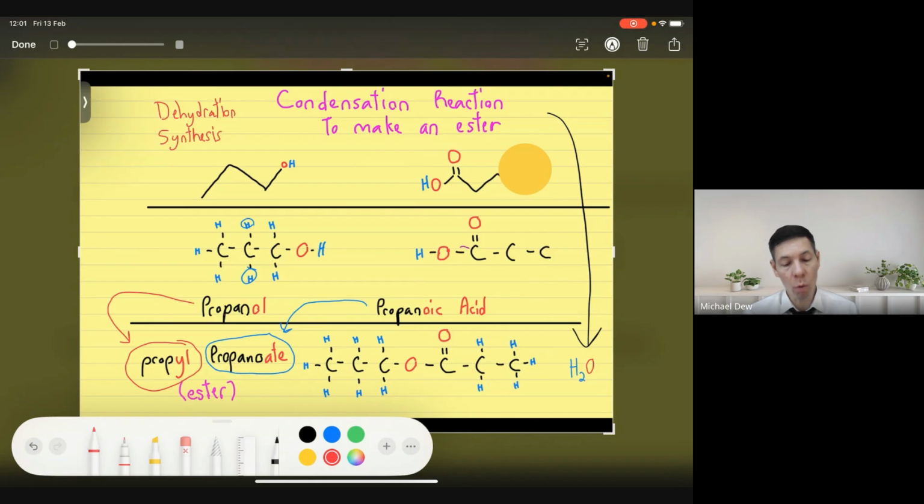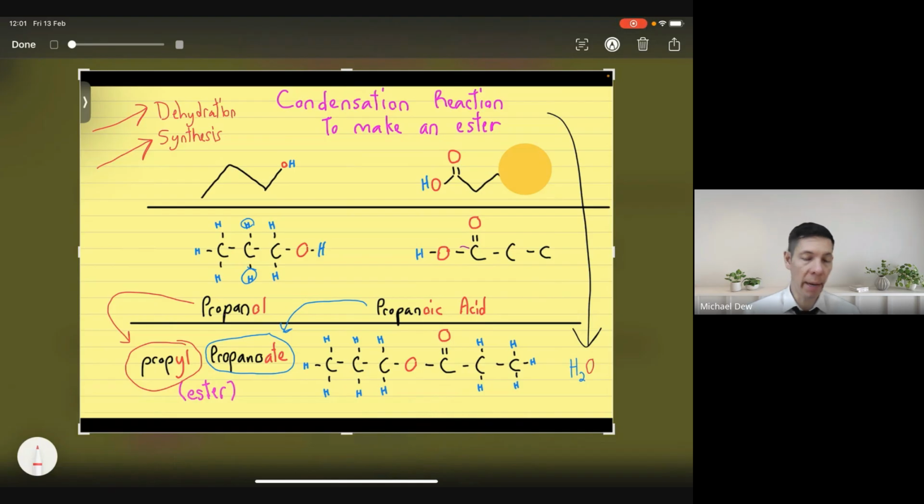So we are removing water to make an ester. Removing water, dehydration, to make an ester, synthesize, meaning to make. So hopefully that was clear and helps you out a little bit with understanding how we make an ester and how we name it using alcohols and carboxylic acids.